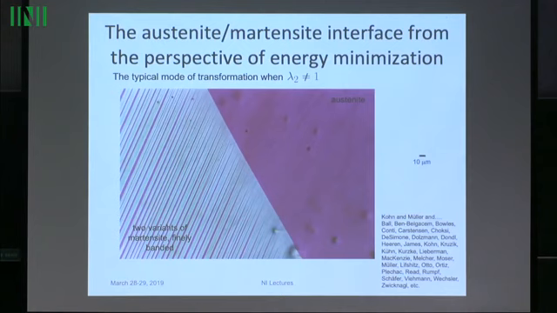In materials that undergo solid crystalline phase transformations, you see it very often. Not in all cases, and I'll tell you why not in all cases, but certainly in all reversible martensitic phase transformations you will often see this microstructure.